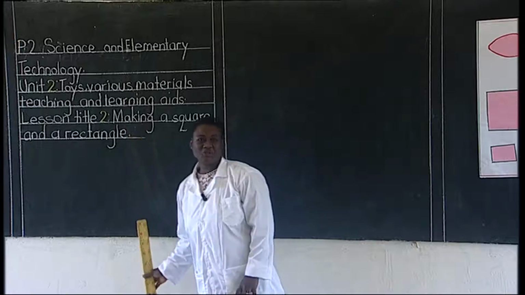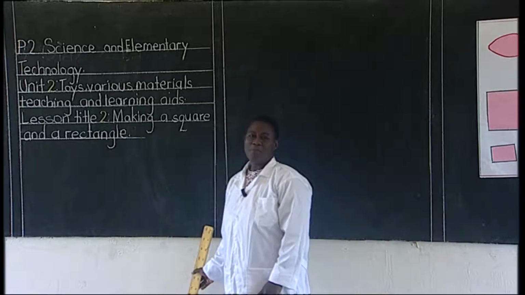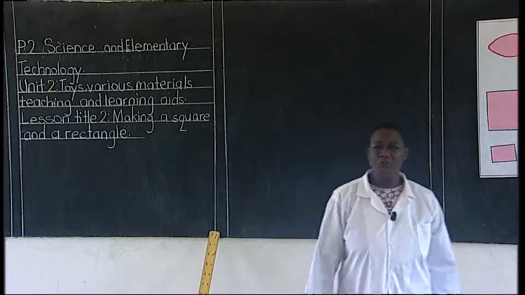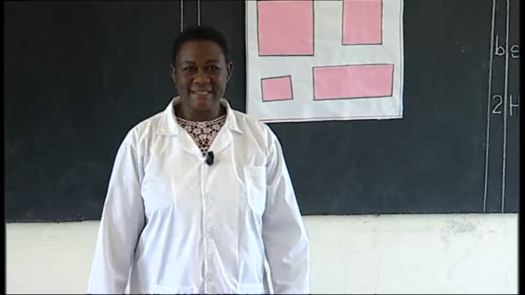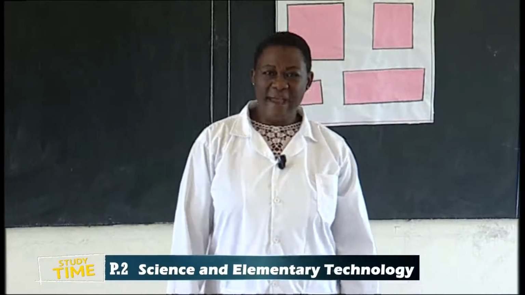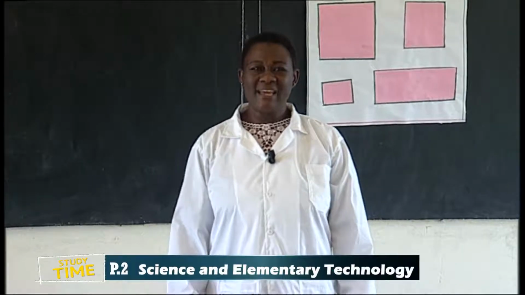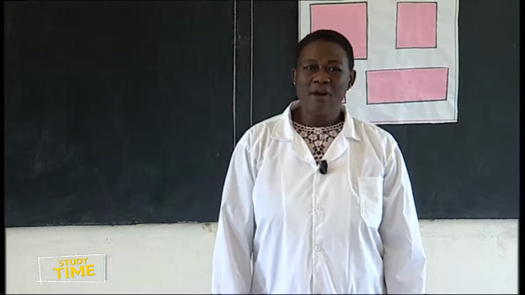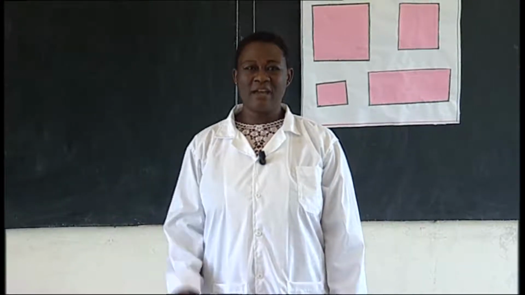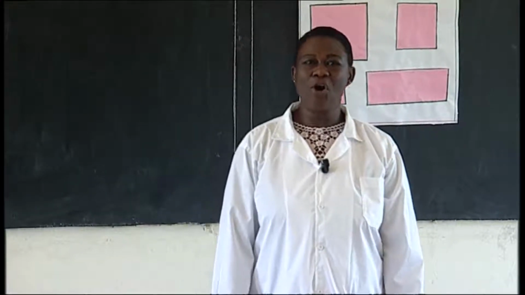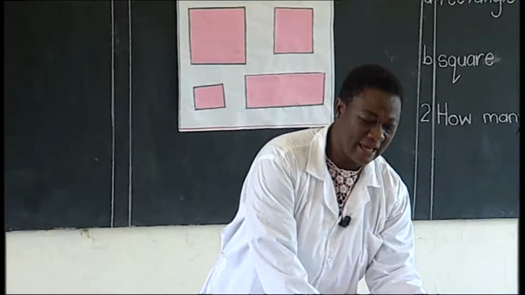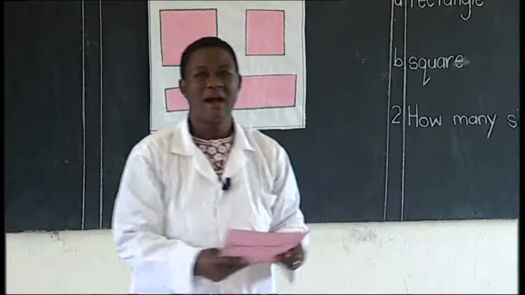Is it okay, children? Before we make a square and a rectangle, we need to know what a square is and what a rectangle is. A square and a rectangle are four-sided figures. They have four sides, like here. We have our shapes here.